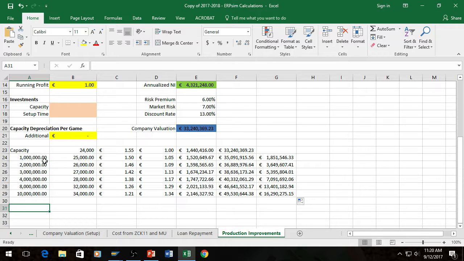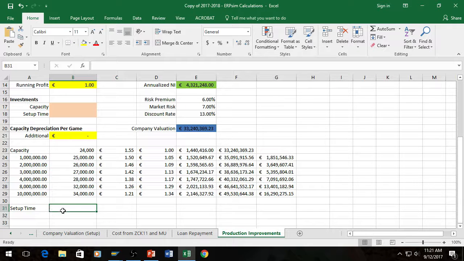So for 1 million in cash into capacity, you can see 1.8 million on your company valuation. Keeping in mind this 1 million here is actually 33,333 in cost. So it's not the cost of 1 million, it's your investment, your switching of your short-term assets, your cash, into a long-term asset.